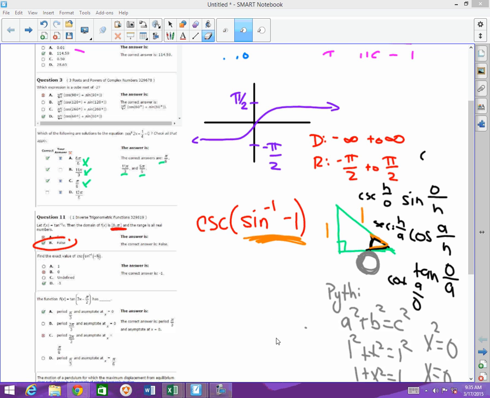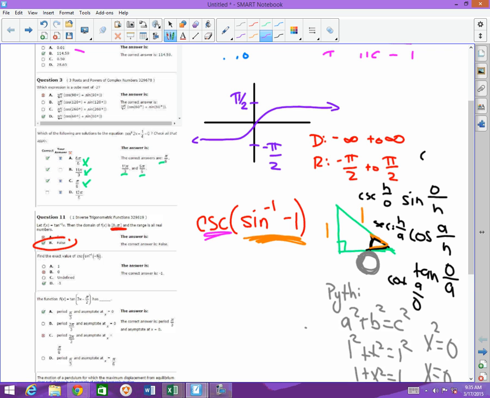Okay, so now that you know that that is 0, then you have to find cosecant of that, and cosecant is hypotenuse over opposite. So cosecant is 1 over 0, which is not possible, so it's undefined. Hold it. What did I just do?